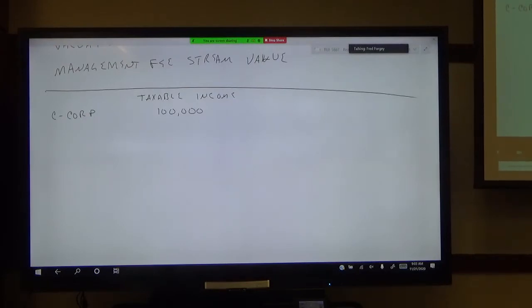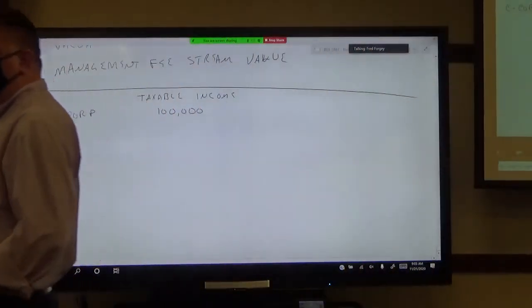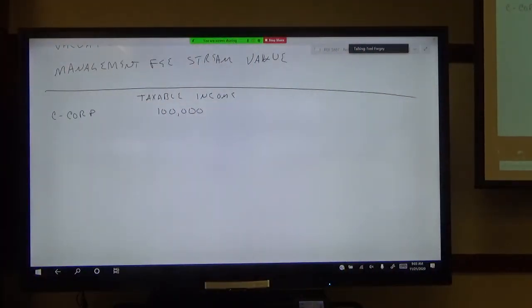You can retain earnings, meaning you keep all of that money within the corporation and you don't pay it out to anyone. You keep it within the company. In other words, you can have retained earnings. Or dividends.